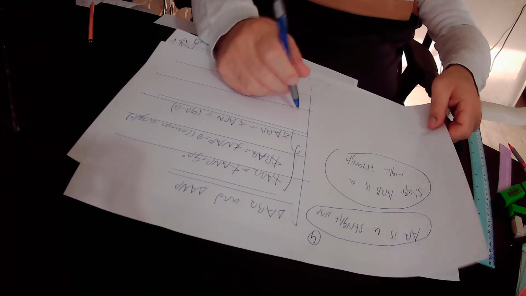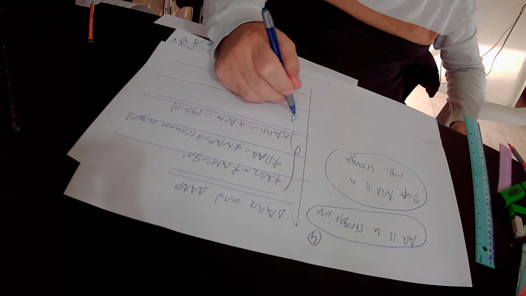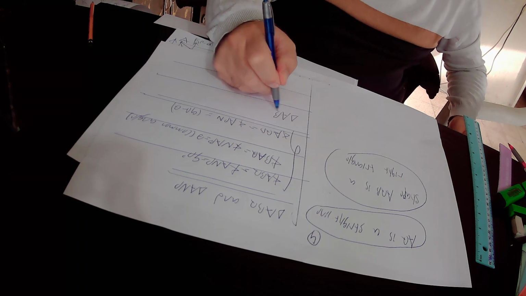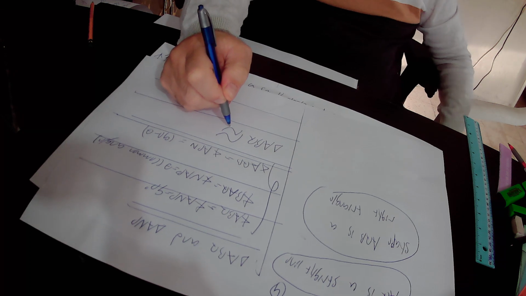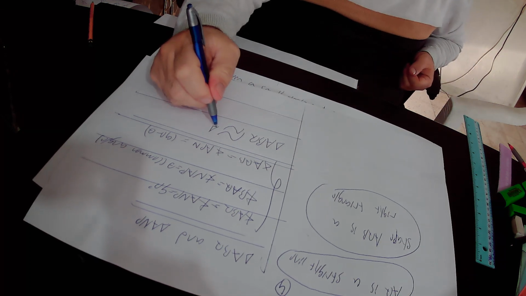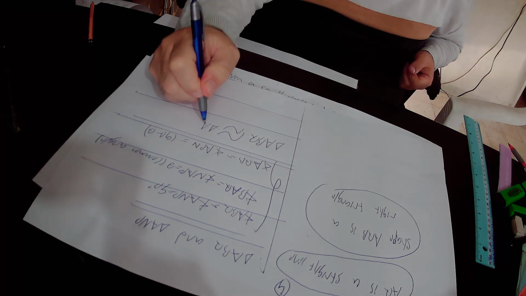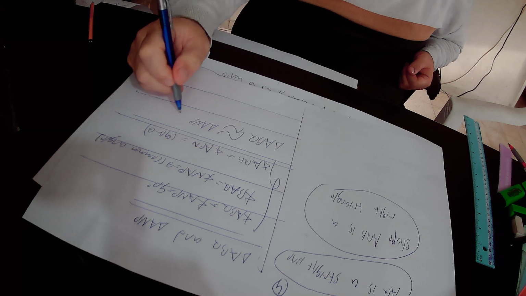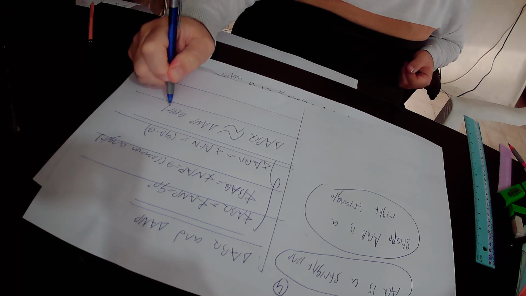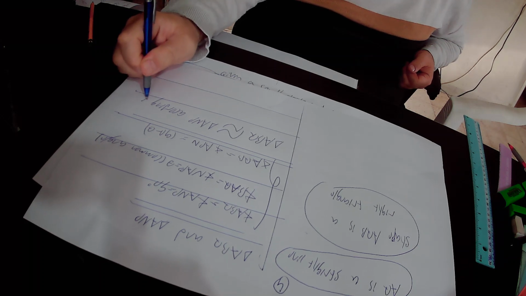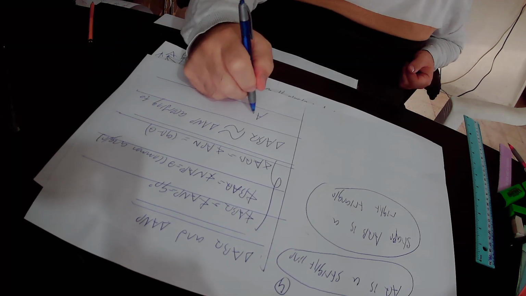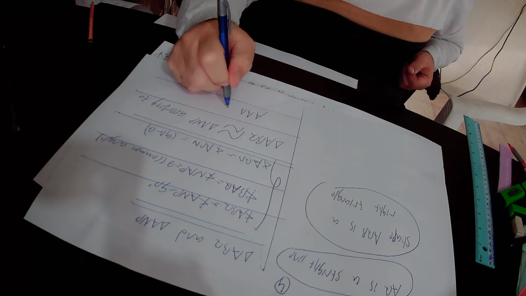We found out that the big right triangle ABQ is similar, this is the sign of similar, to the right small triangle ANP according to angle similarity rule.